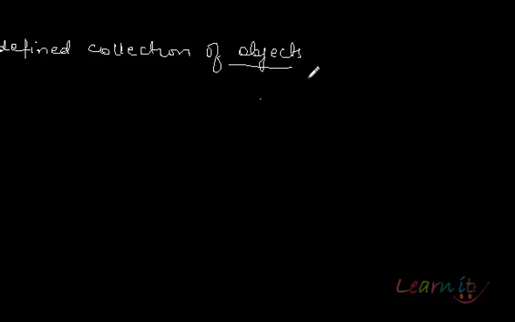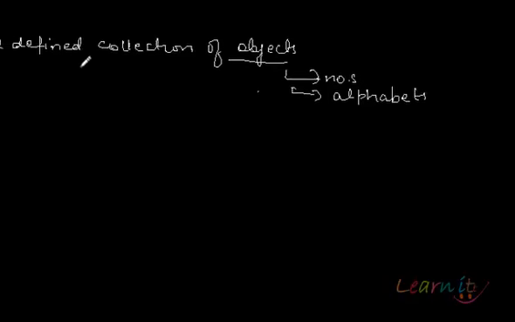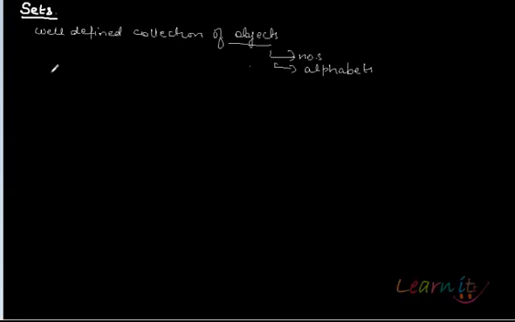Your objects can be anything, numbers, alphabets, anything for that matter. What do we mean by well-defined? We mean that it might have certain properties, so each member of the set would satisfy those properties.